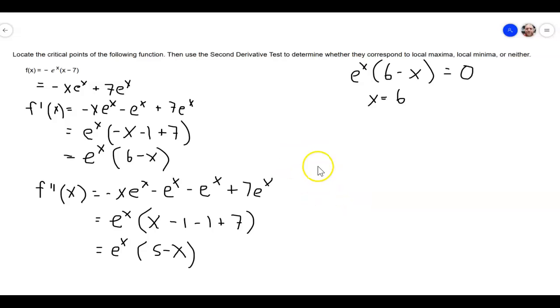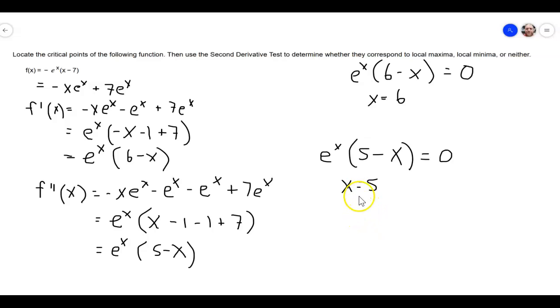If we go to the second function, e to the x times 5 minus x, and we set that equal to 0, then once again the value for the inflection point is going to be x equal to 5. That's the only thing that's going to make this equal to 0.